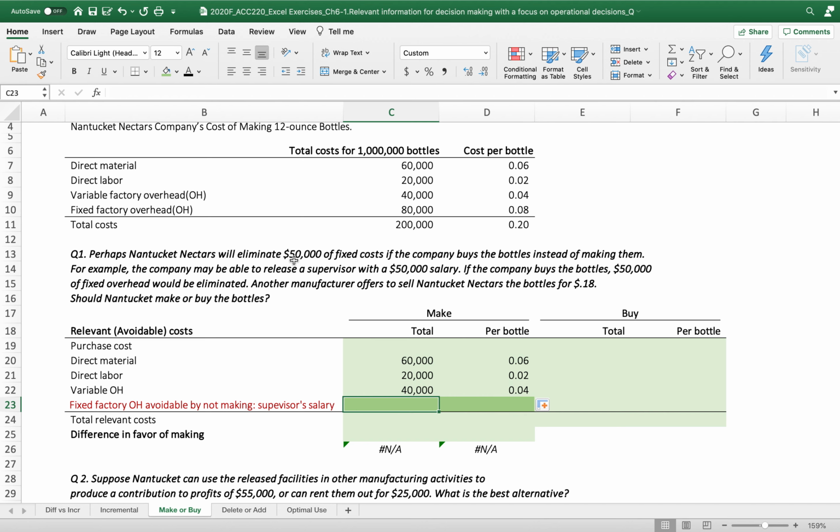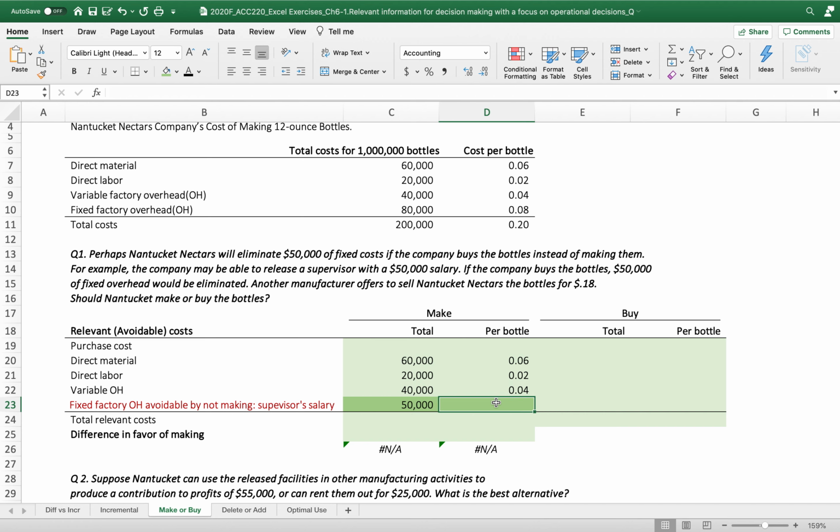Because we have the avoidable cost $50,000 out of 80. If we were given unavoidable cost $50,000, then the $30,000 is avoidable cost. But we have been given the $50,000 avoidable, the supervisor salary amount. So we put the $50,000 there out of $80,000.